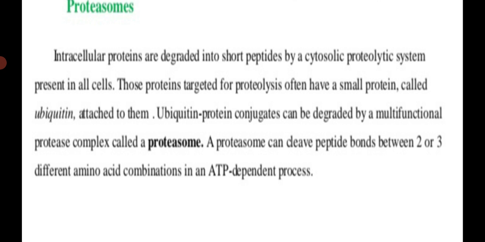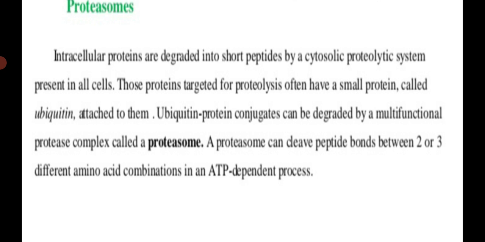Ubiquitin is one kind of protein, and this ubiquitin gets attached to a lysine residue of a viral peptide antigen or an intracellular peptide antigen, after which it is recognized by the proteasome, and the proteasome cleaves that ubiquitinated protein antigen into smaller fragments. For this cleavage by the proteasome, there is a need for ATP, so it is an ATP dependent process.